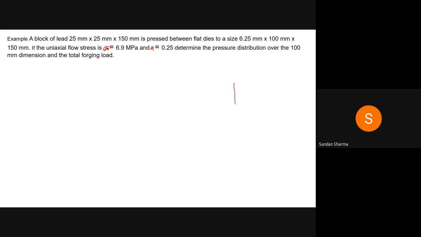Let's say you have this bar, the column, the block. It is being pressed using the die punch, upper ram and bottom ram. Usually the bottom one is fixed and the top one is moving, applying pressure on the block. The block is 25, 25, 150 and is pressed to 6.25.